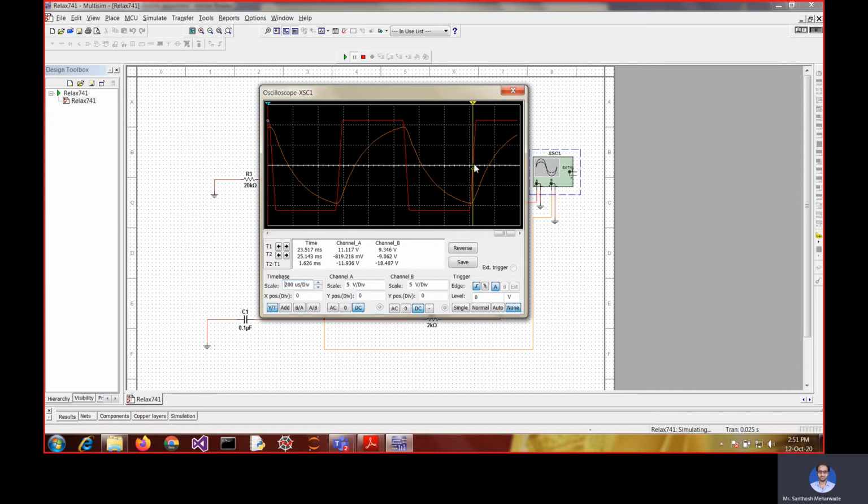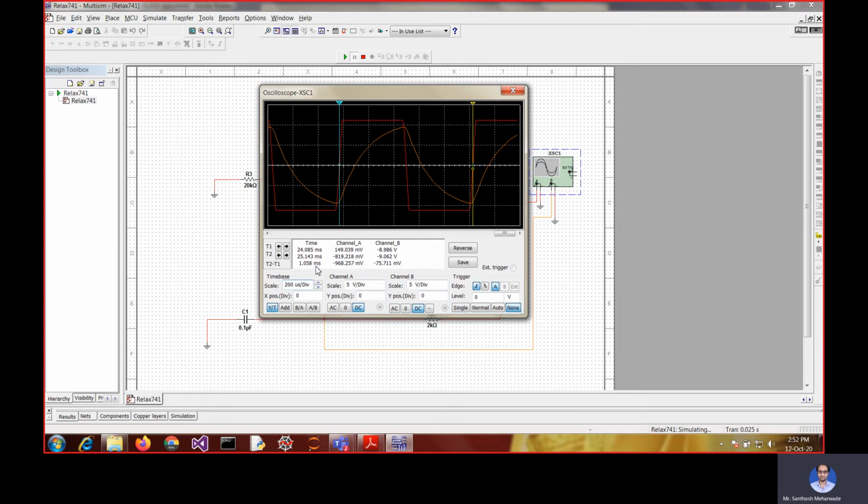The color has been changed, and this is timeline 1 that I keep over here. So for the positive half cycle and negative half cycle, T2 minus T1 is almost 1 millisecond, so the frequency is 1 kilohertz. That is our simulation case 2.